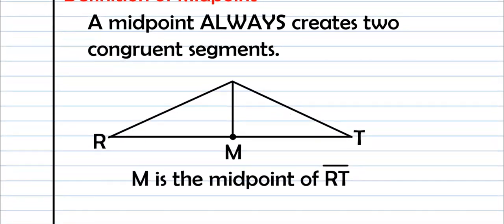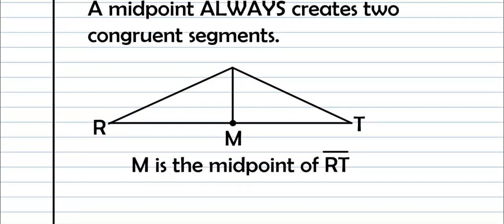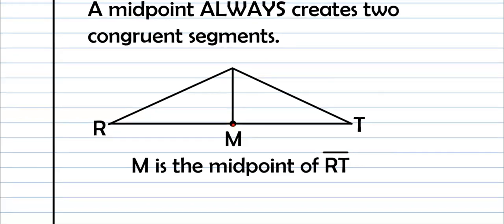We have a couple triangles here, and I'm telling you that M is the midpoint of segment RT. So what that tells us is that this midpoint here creates 2 congruent segments, one on the left and one on the right. Okay, therefore RM, side RM, is congruent to side MT because of the definition of midpoint.